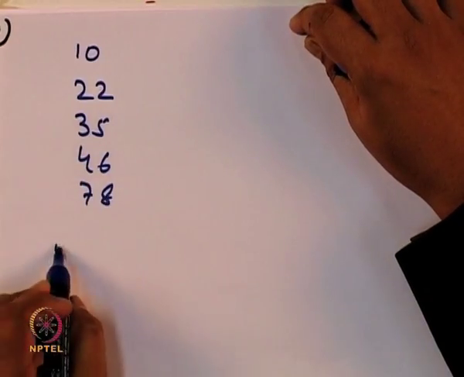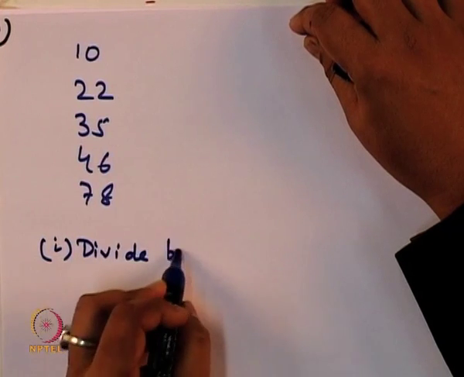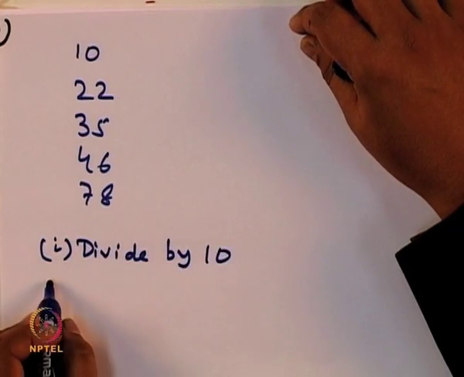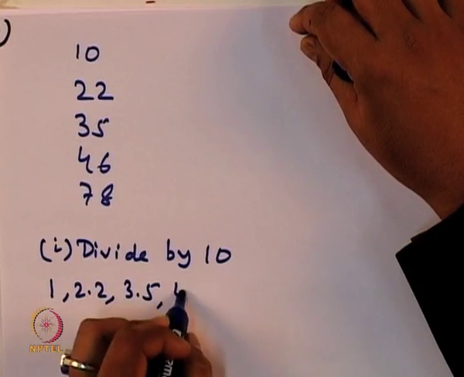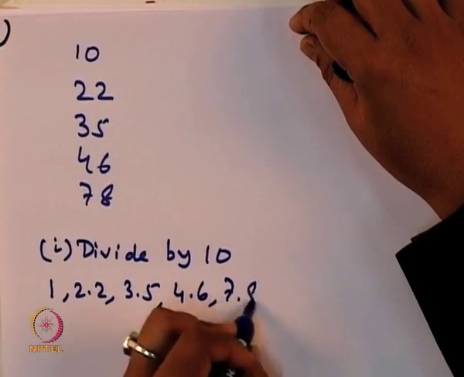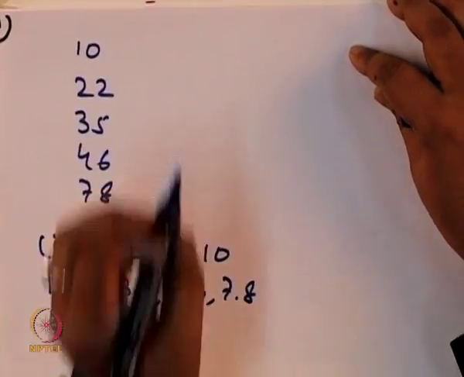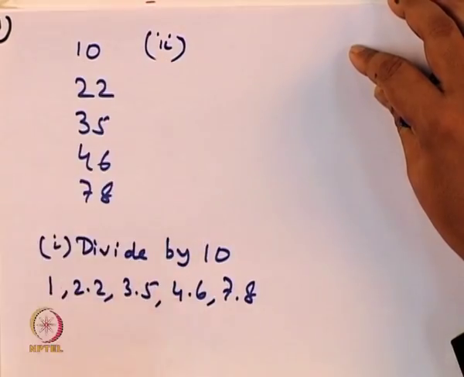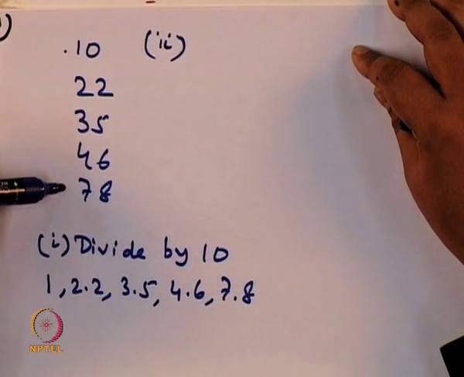One possibility is to divide by 10. Then you have the numbers 1, 2.2, 3.5, 4.6 and 7.8. These you can add up by hand very easily. The second possibility is, like we did, we identify the smallest number, which is 10, and the largest number, which is roughly 80.